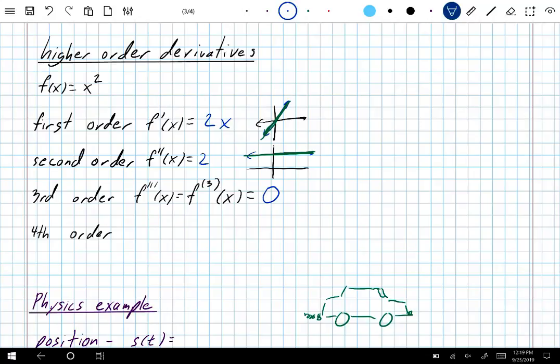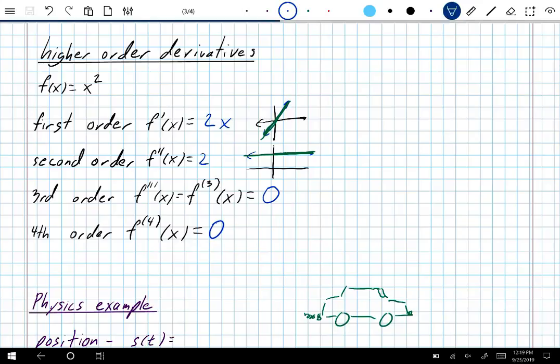So you get down to a constant, and then you get down to 0, and the fourth derivative of f of x is just going to be the derivative of 0. But again, that is just a horizontal line, and I get a 0 out. Once you're at 0, you stay at 0. You can keep taking all the derivatives that you want. So no reason why we can't keep taking derivatives, and in fact, it's useful.